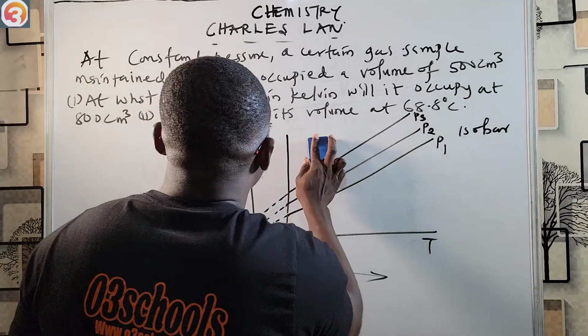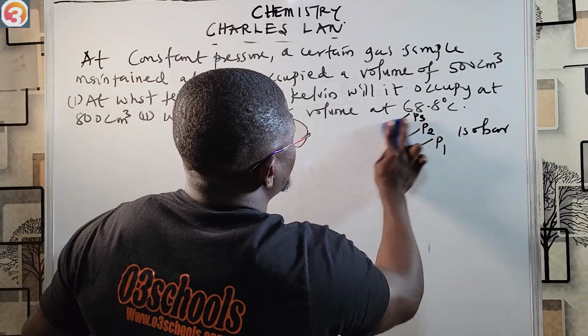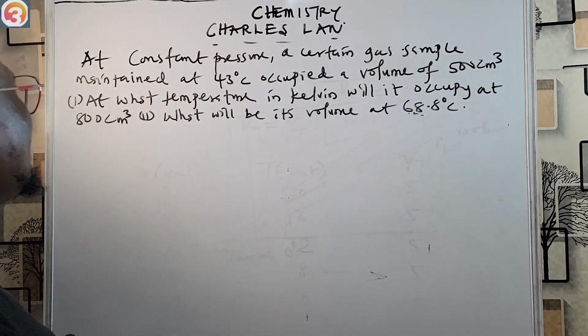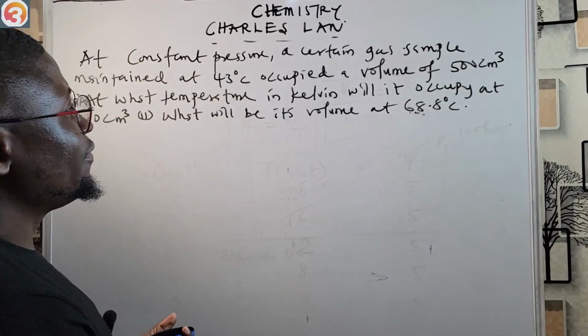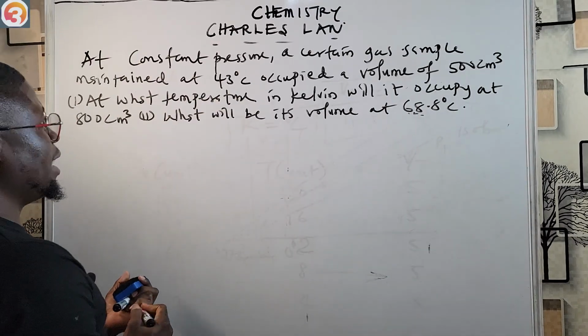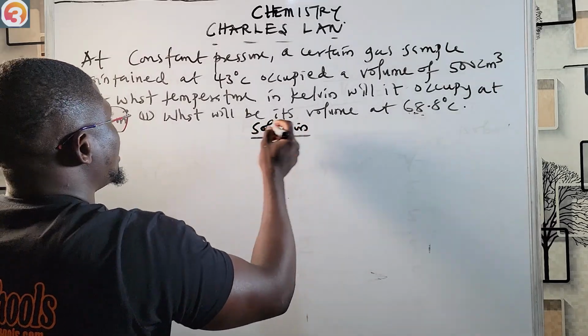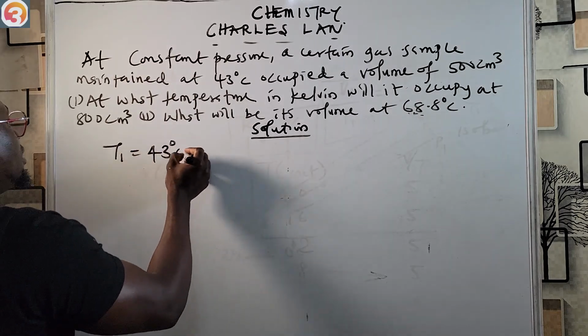Now let's quickly attempt this question we have on the board. It says at constant pressure, a certain gas sample maintained at 43 degrees Celsius occupied a volume of 500 cm cube. Solution: we are given T1 to be 43 degrees Celsius.